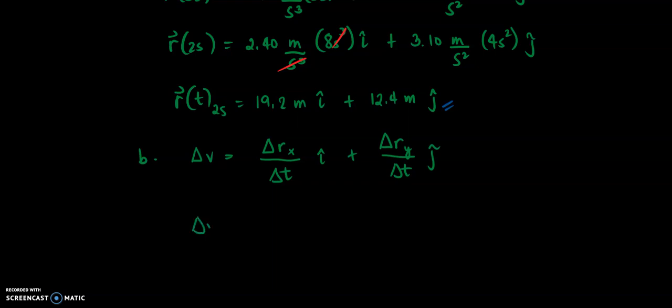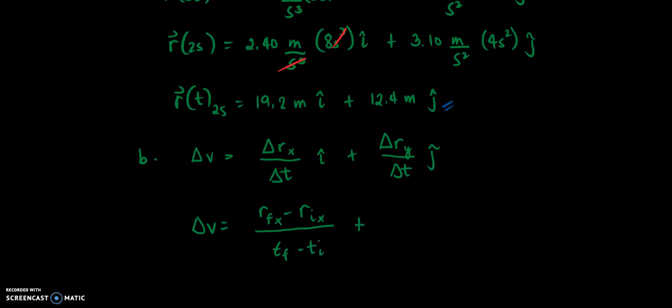And that is also equal to the delta r along x, which would be the final position along x minus the initial position along x, divided by delta t, wherein delta t is final time minus initial time.